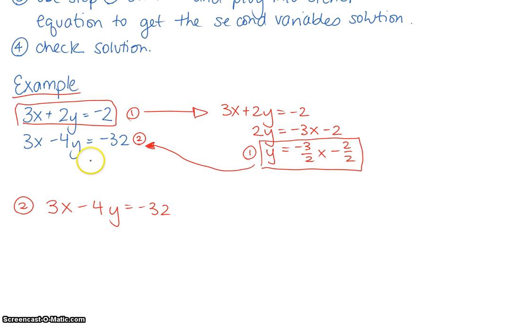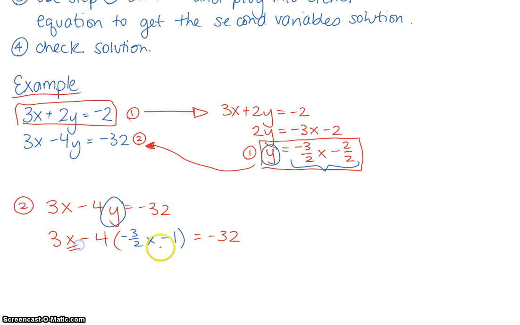Wherever we see a y, we're going to replace it with this entire expression. So we will have 3x minus 4, and we're going to plug in negative 3 over 2 x minus 1 equals negative 32. Now I've just simplified 2 over 2 in this case.